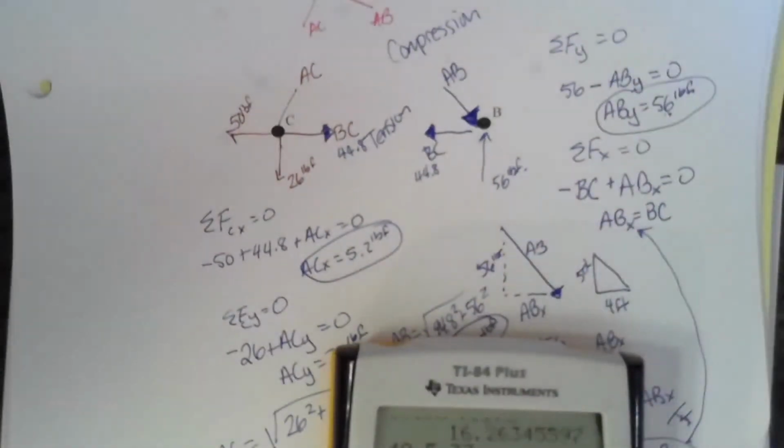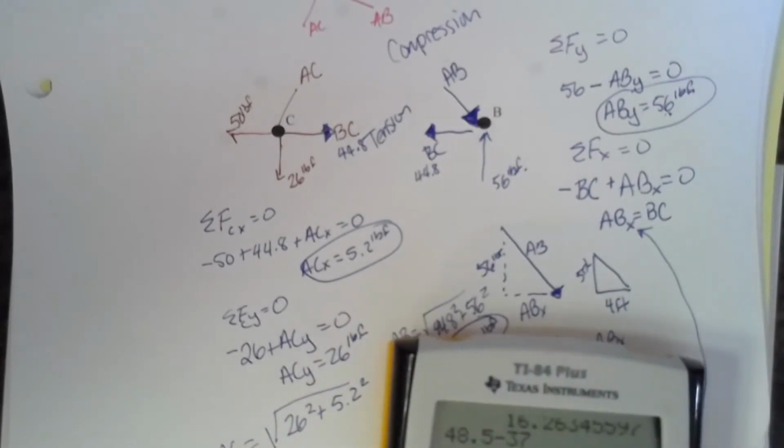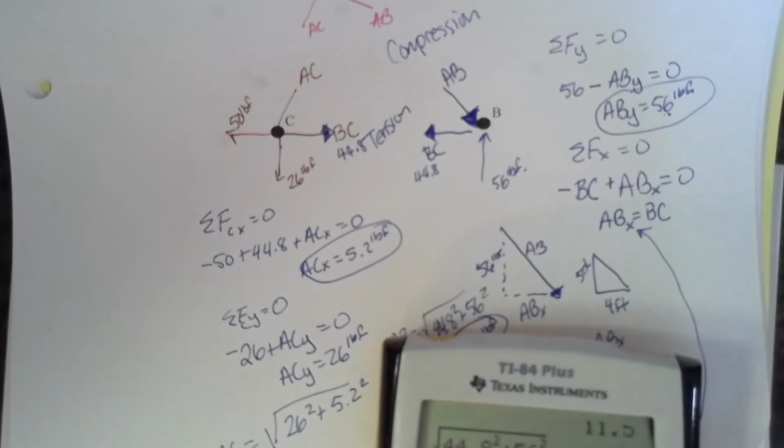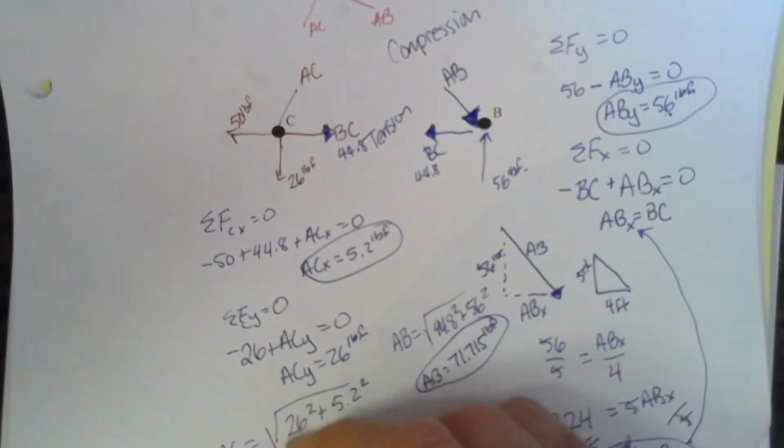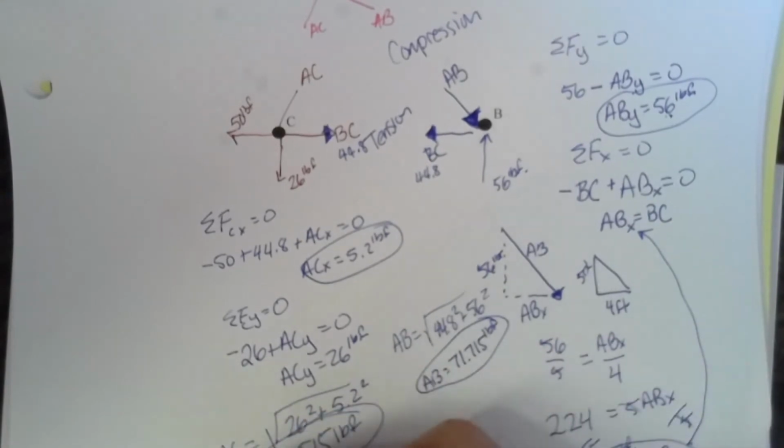So second square root, 26 squared plus 5.2 squared, and that gives me 26.515 pounds of force. And that is my truss calculation.